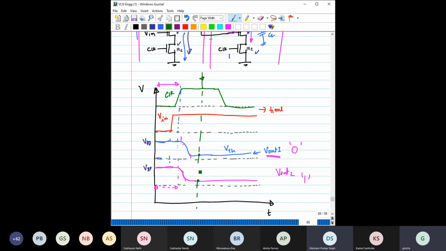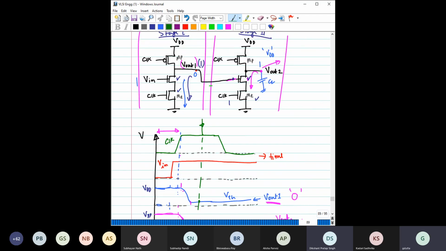Vout2 is also pretty low compared to VDD. Now, what is our expectation? We have applied 1 here, so the output is expected to be 0. This 0 is fed here, so the output is expected to be equal to 1, which means VDD.